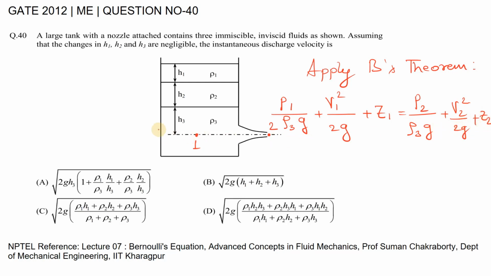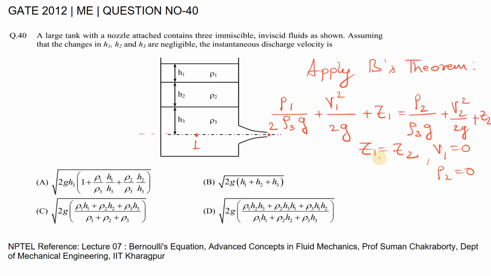Now we observe here that the datum line is same for 1 as well as 2, right? So Z1 is equal to Z2. Also the velocity at point 1 is 0, and the pressure at 2 at the exit of this nozzle will be 0. So V1 is equal to 0 as well as P2 is equal to 0.